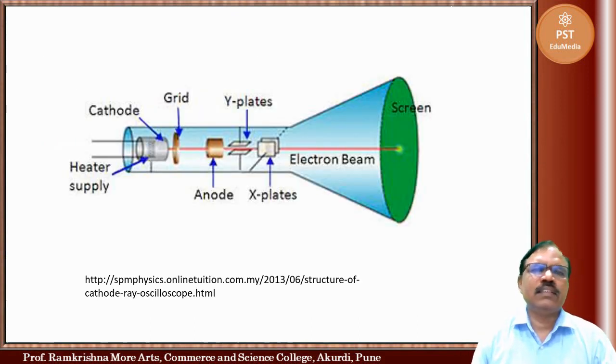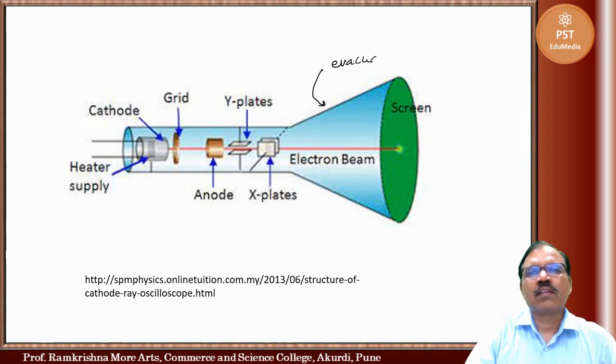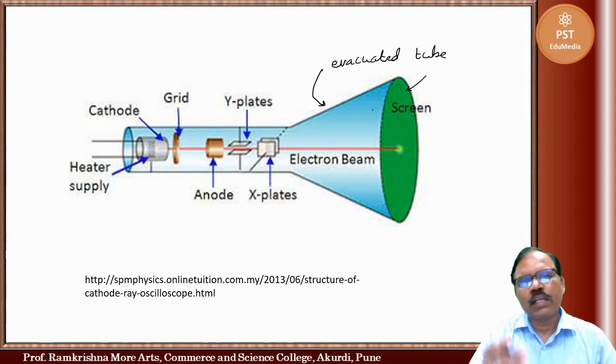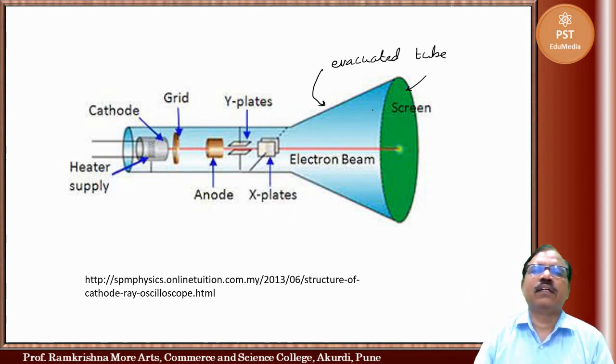Now let us see, this is a general structure of a CRO. This is an evacuated tube, and this is the front surface of the tube. It is coated internally with fluorescent material. Here we have a filament.